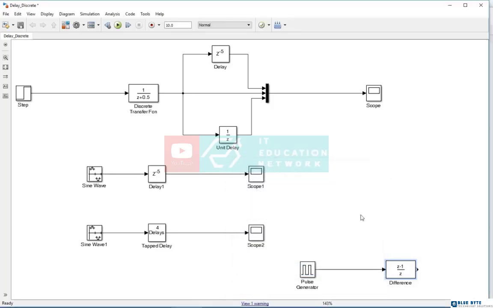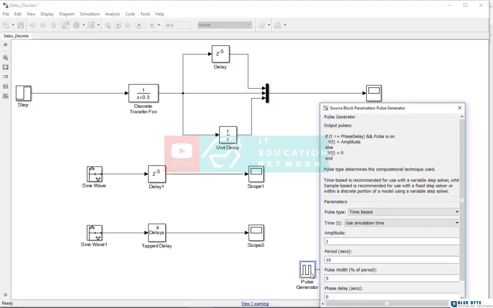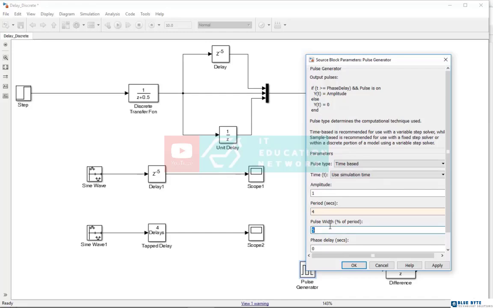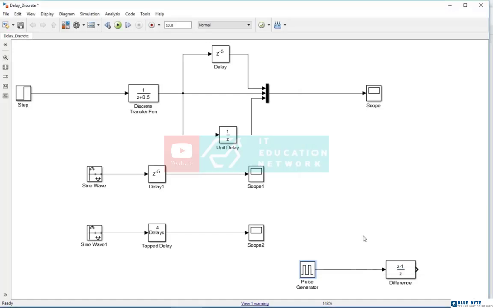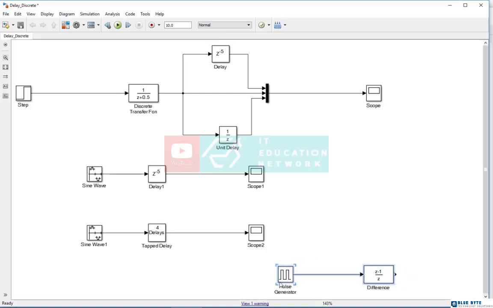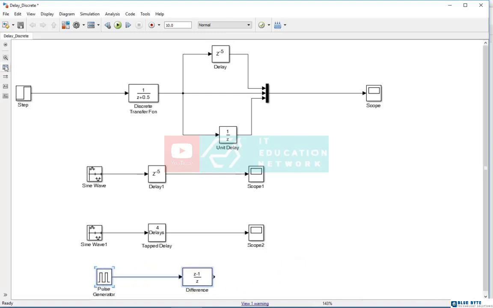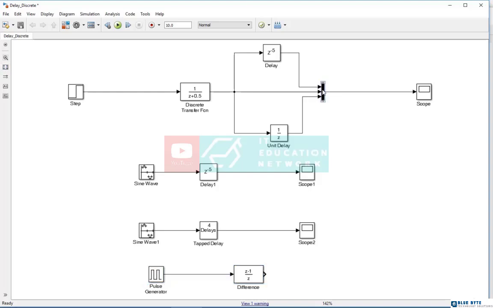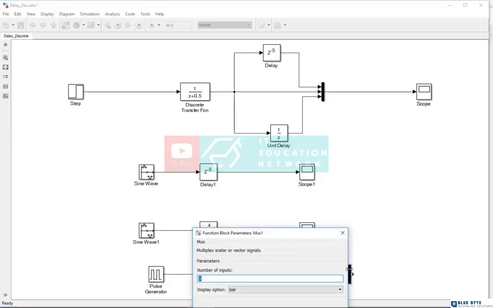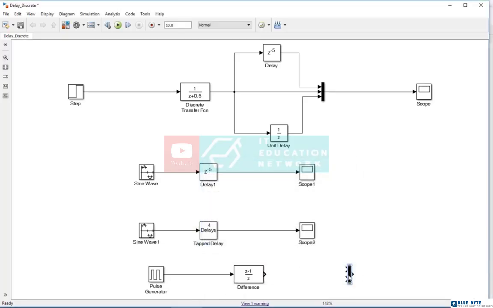I set its period 4, amplitude 1, and pulse width 50. I want to show how the difference block works here.